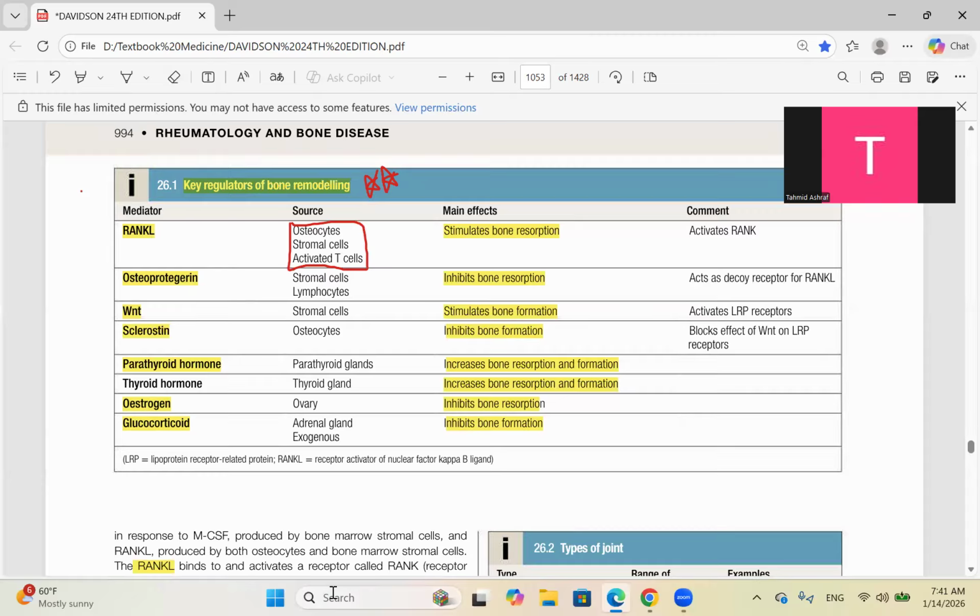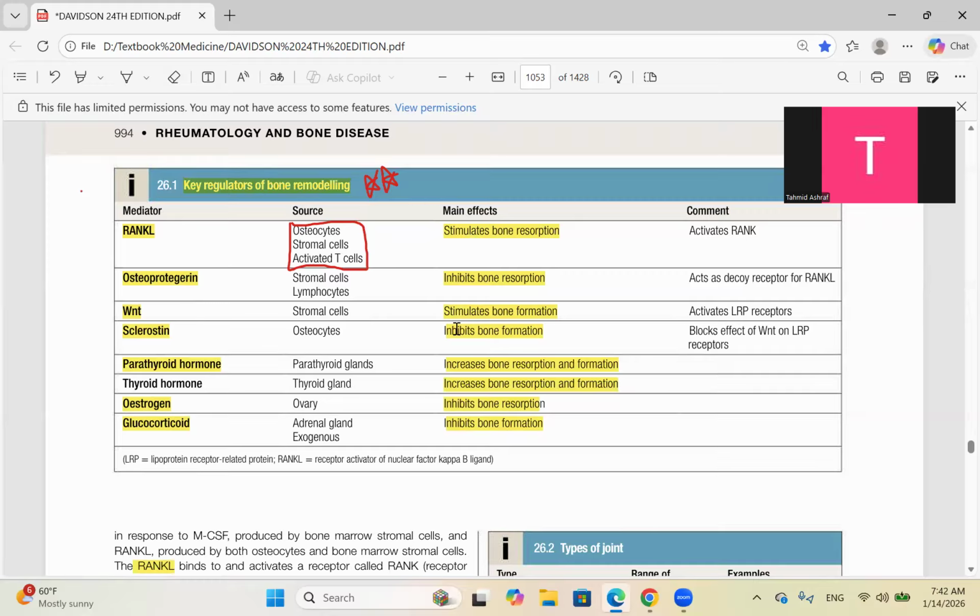We already know RANKL causes bone resorption. RANKL is produced by three types of cells, as I mentioned earlier: osteocytes, bone marrow stromal cells, and activated T cells. Then osteoprotegerin causes bone formation, produced by bone marrow stromal cells mainly.